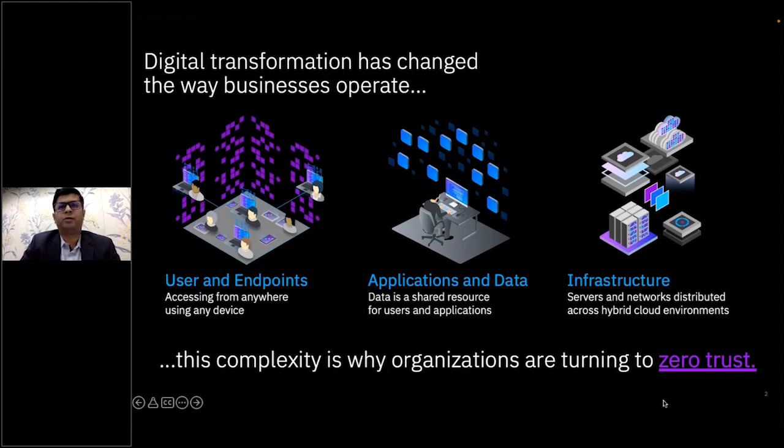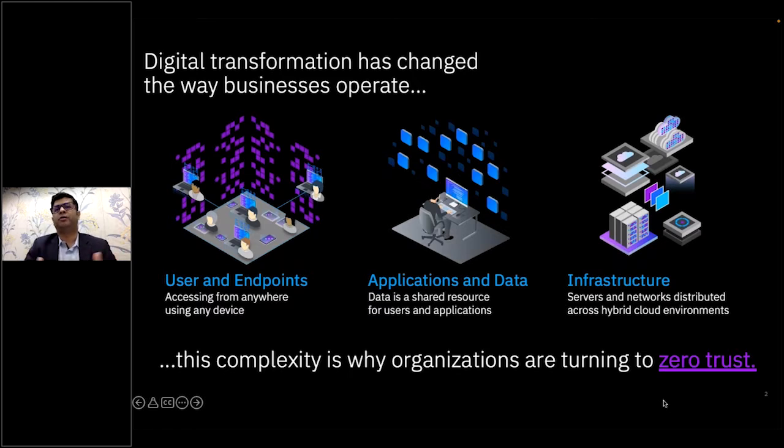As part of digital adoption, we have seen that especially in the last 2 years, there is a significant increase in the digital adoption, primarily because of the pandemic that we had, and it has really changed the way business operates.